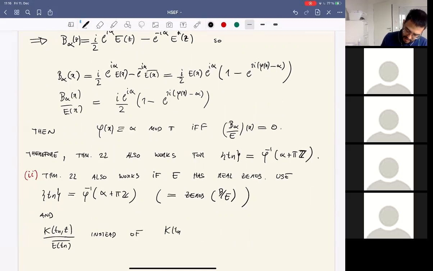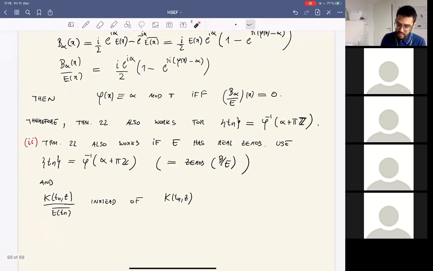of just K(T_n, z). So recall that T_n could be a zero of E, because it could be the case that T_n is a zero of B with one multiplicity higher than the zero of E, okay? But then this function here would be identically zero.